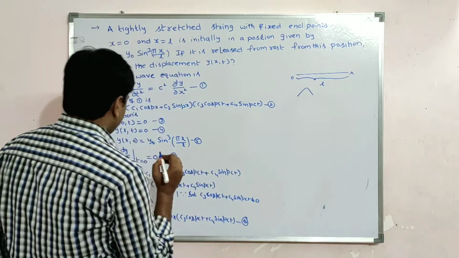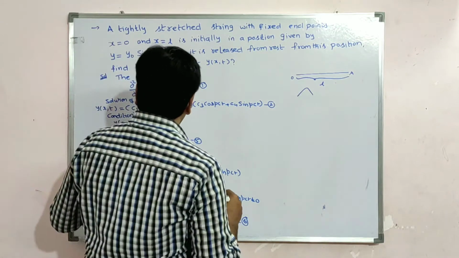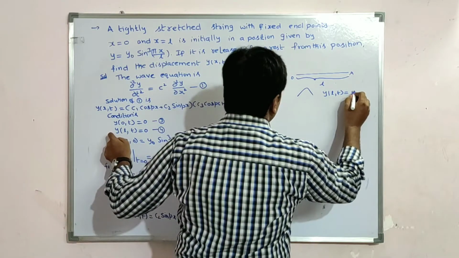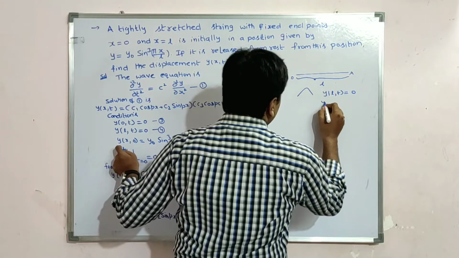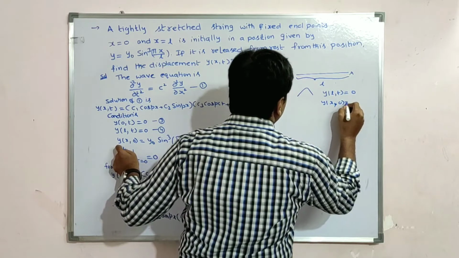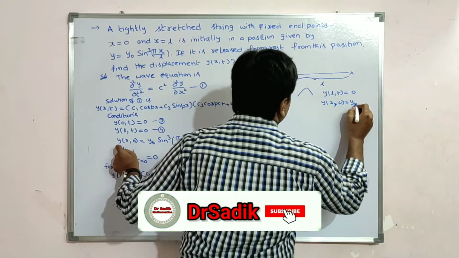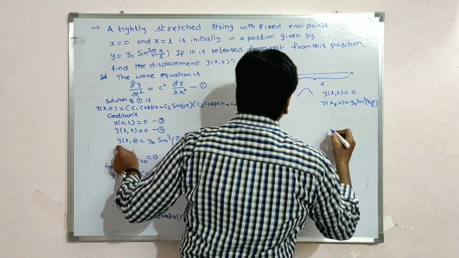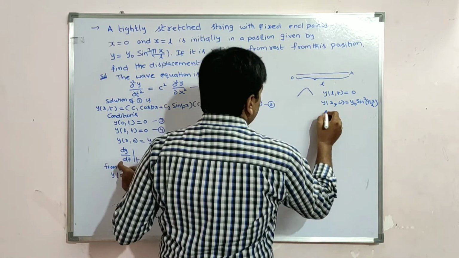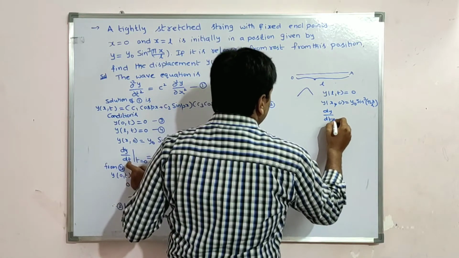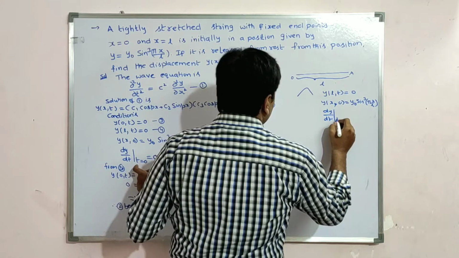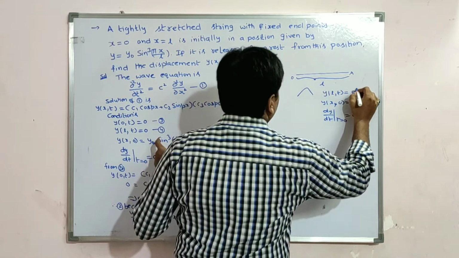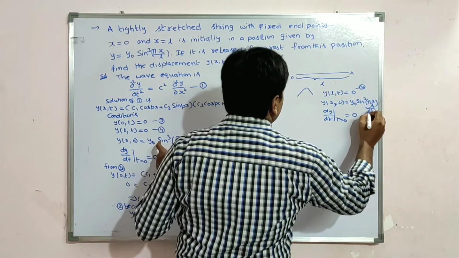Now we need y at L comma t equal to 0, y at x comma 0 equal to y0 sin cube pi x by L, and dy by dt at t equal to 0 is 0. So this is 4, this is 5, and this is 6.